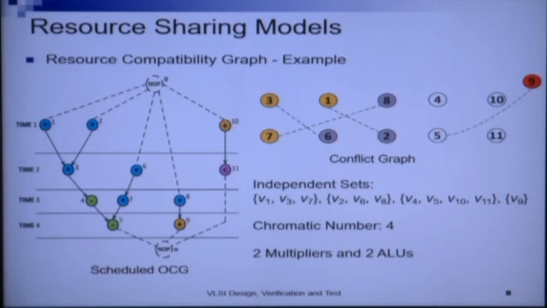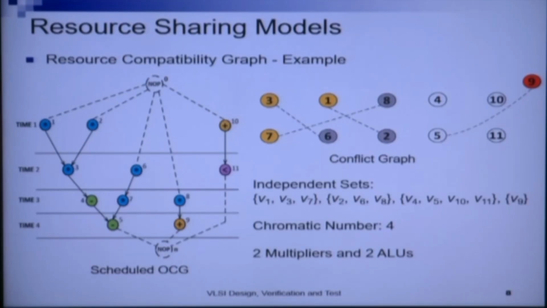Now, what are the independent sets in this conflict graph? 3, 7 and 1 is an independent set, they do not share an edge between them. 2, 6 and 8 is another independent set. 4, 10, 5 and 11 is another independent set, and V9 forms another independent set.